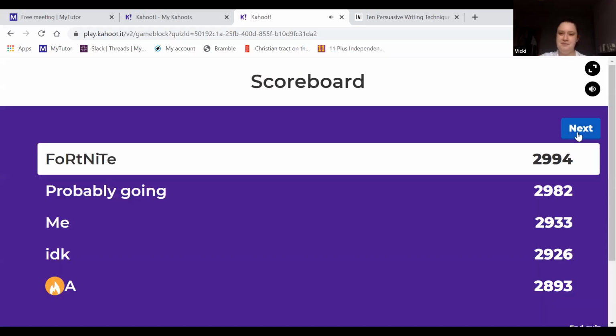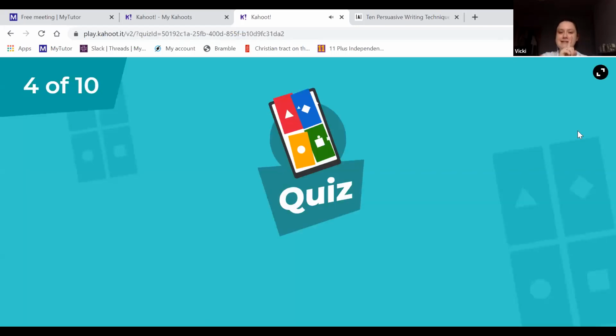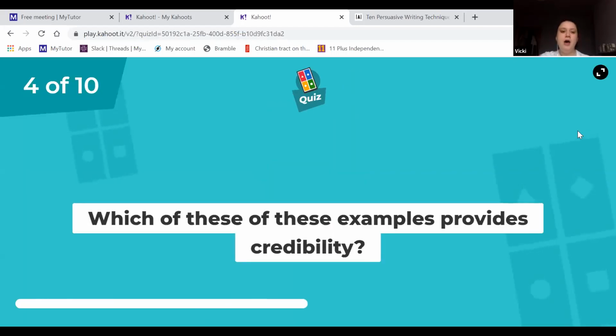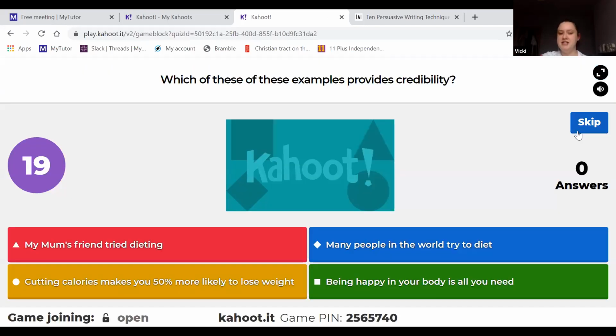Fantastic, well done. Understanding emotions is pathos. Which of these examples provides credibility?